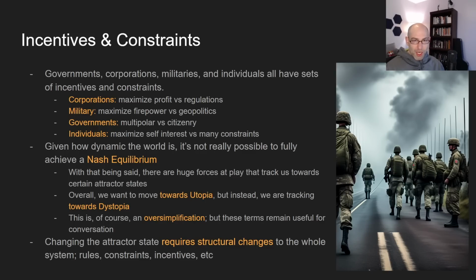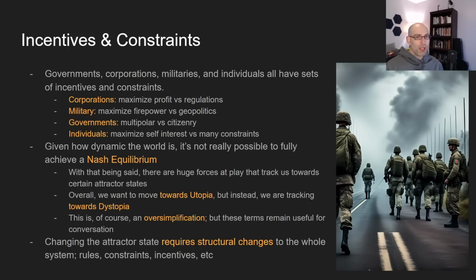But anyways, corporations, their primary incentive is to maximize profit, and their biggest constraint is the law, regulations, and so forth. For the military, they want to maximize their firepower, and their biggest constraint is geopolitics, aka their military competitors, as well as political constraints.